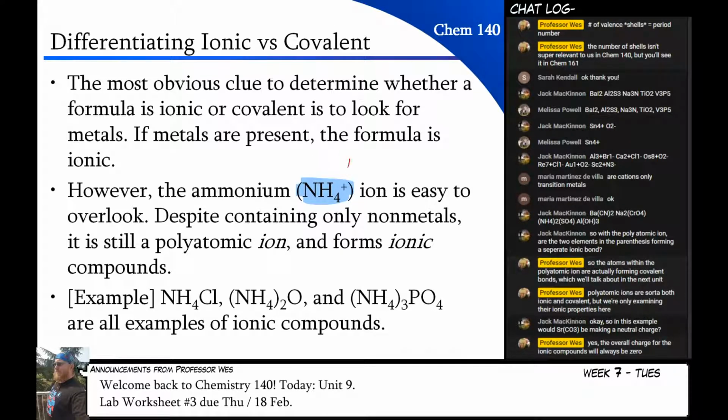And so anything that contains this will be ionic and not covalent. That's important when you get a question that just says, categorize ionic versus covalent. If you see NH4 in there, remember, that's NH4+ as an ion, and it will be an ionic compound. And down below, I have a bunch of examples of ways that you could include ammonium.